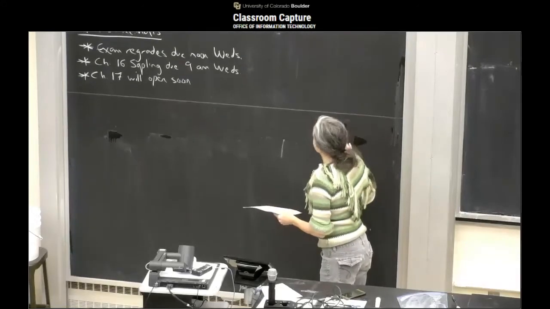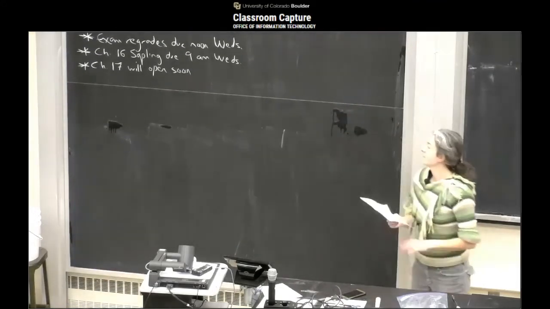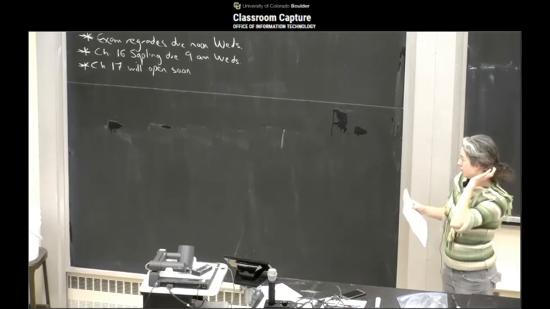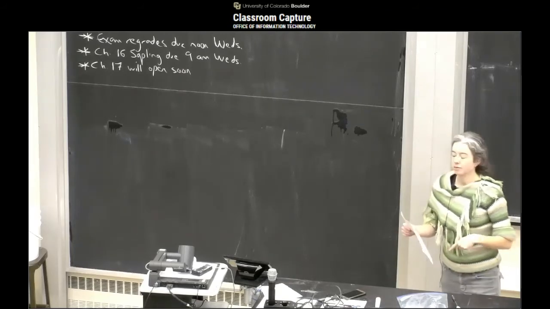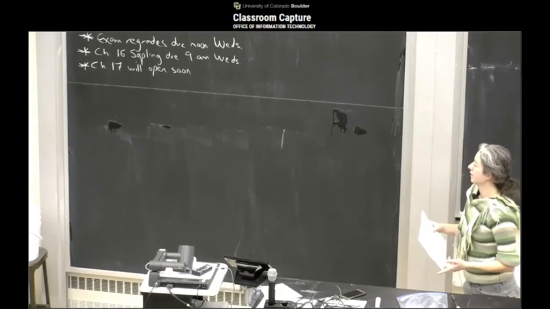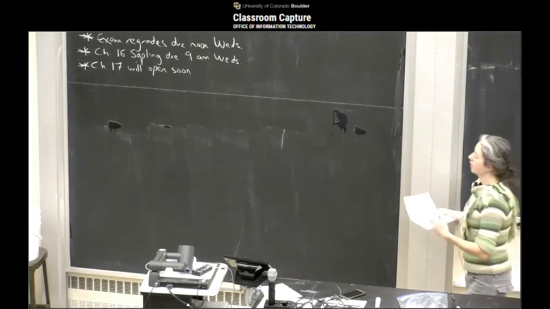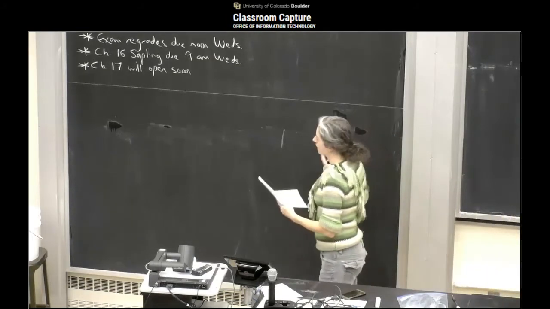Today's announcements. As a reminder, the exam regrades are due noon on Wednesday next week. If you missed lecture last time and didn't check the lecture capture yet, the way to handle that is just staple a piece of paper on the front saying what you want looked at and why. Keep it brief but detailed enough that I can tell what your argument is on getting points back.